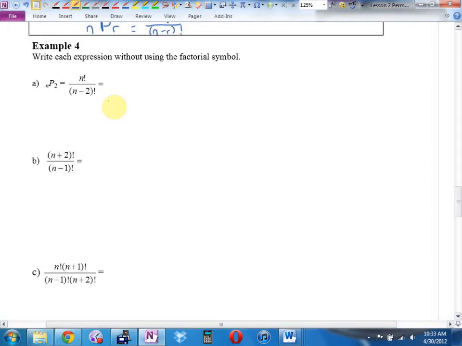I'm going to ask you on your test, I guarantee it, and on your quizzes, I guarantee it, to simplify some kind of algebraic factorial expression. And the way I simplify these is I ask myself always, which is bigger, n or n minus 2? Which one's bigger, n or n minus 2? n would have to be bigger than 2 less than n. I start to expand the bigger one. What I mean by that is I'm going to start to rewrite this slowly without the factorial symbol. I'm going to rewrite the bottom one.